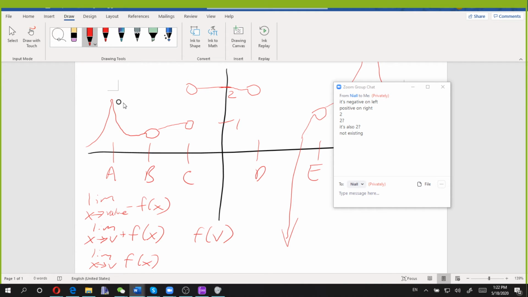The general limit does exist. As long as your limit from the left and the right are the same, then that will be my general limit. So if the limit from the left is 2, limit from the right is 2, then the limit in general should also be 2. And then if I try to plug it in right now, this is a little bit hard to see, especially with the cursor there.